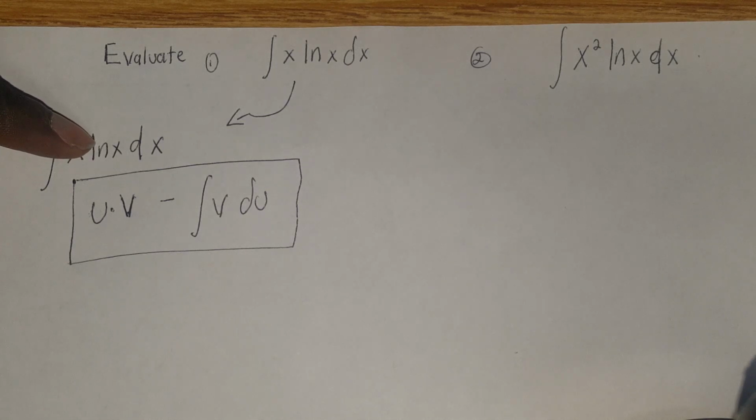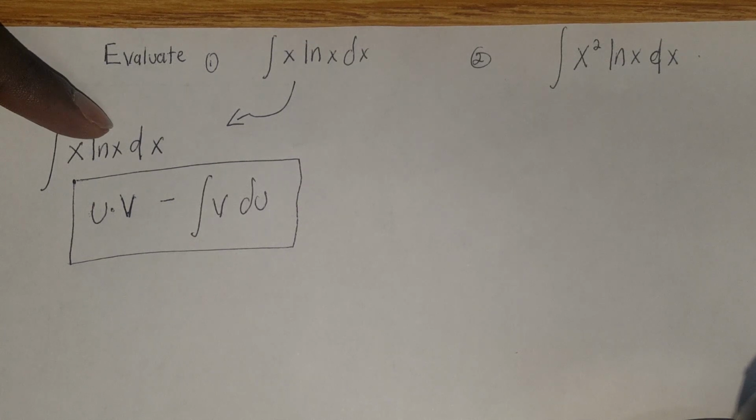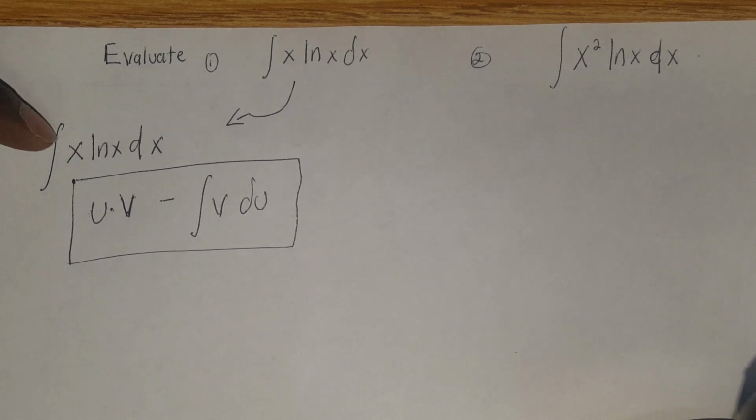I don't think most people do because it's really hard. I myself don't know how to integrate natural log x, but I know how to differentiate it. Natural log is a special function, so we should know how to do that. So I know I can easily integrate x.